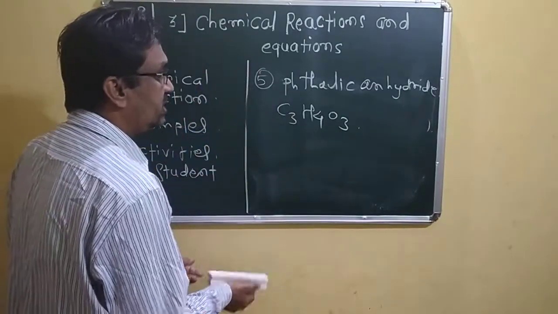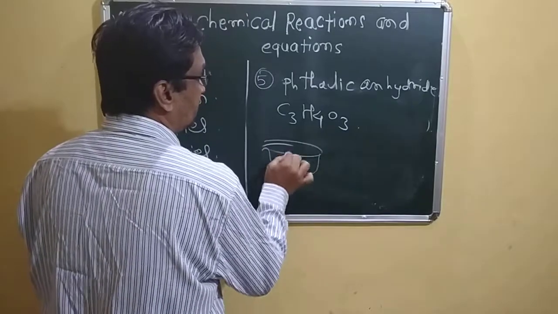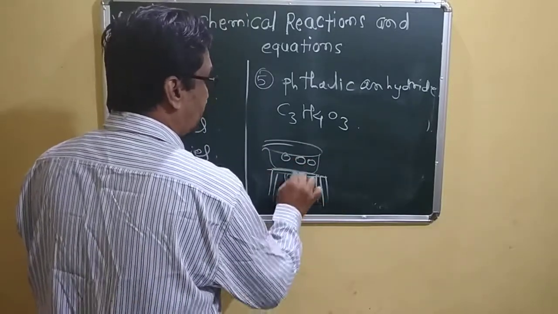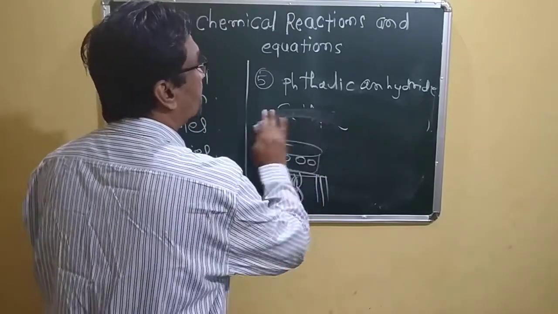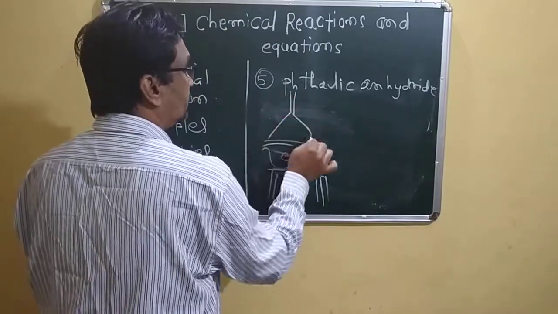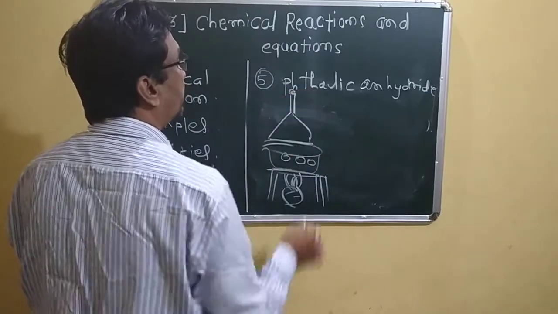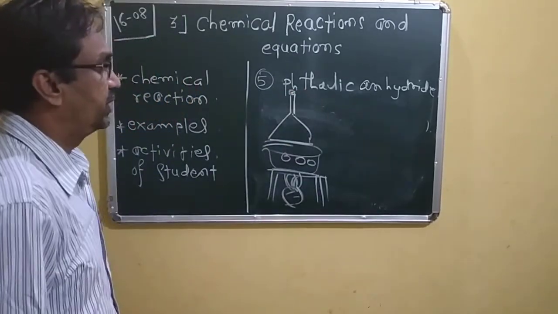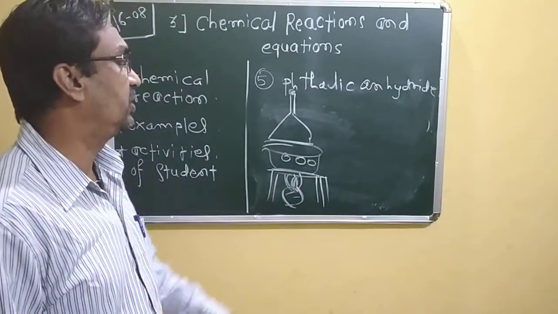And we have to take this in an evaporating dish on a tripod stand by using a Bunsen burner. We heat it. After that, we have to put a funnel inverted, and at its end we have to put a cotton plug, so that the gas will not release from that particular point.